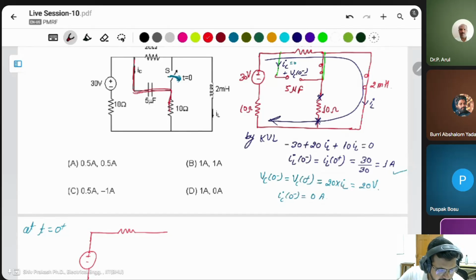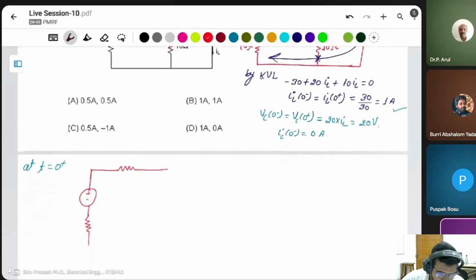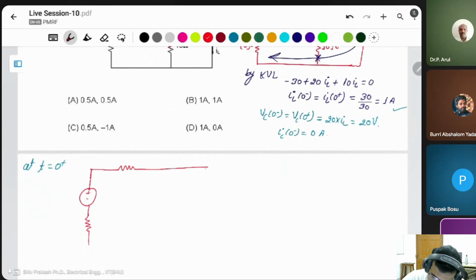And you know at the initial point the capacitor will be short circuited and the inductor will be open circuit. Then you have to make the circuit accordingly. The inductor will be open circuit with an initial current of 1 ampere.